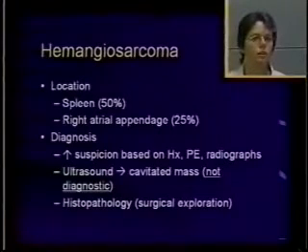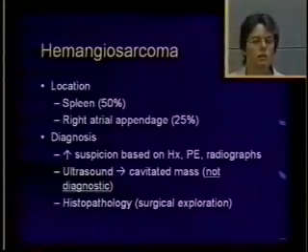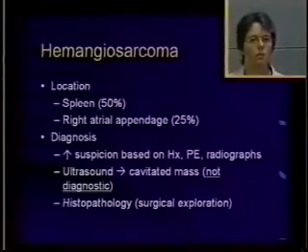Ultrasound is commonly used in these patients. One thing to keep in mind, if you ultrasound the abdomen and you see a mass on the spleen that looks cavitated, this is not diagnostic for hemangiosarcoma. Splenic hematomas and hemangiomas can look identical, so it's impossible to give a true diagnosis of hemangiosarcoma strictly from an ultrasound.